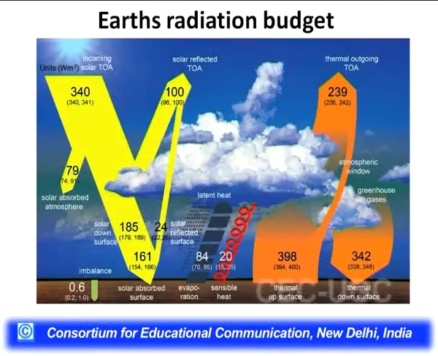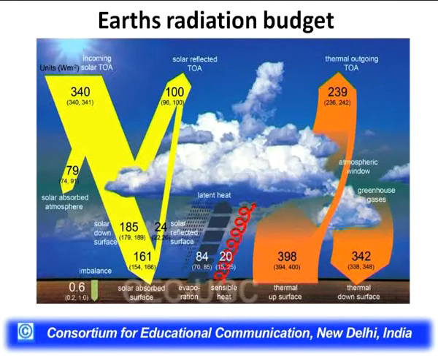So the atmosphere again starts giving radiation to the Earth's surface. Here it is 342 watts per square meter, and the remaining 239 watts per square meter is finally able to go back to space, but 239 is, again we will say here, more than what it should actually be.